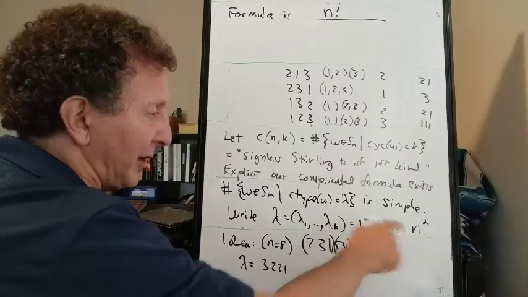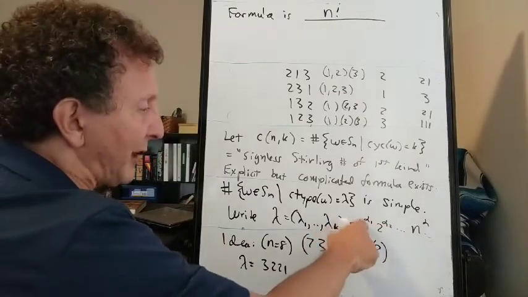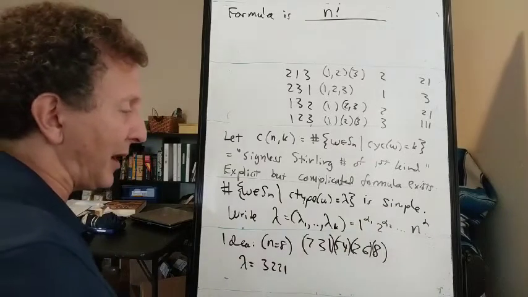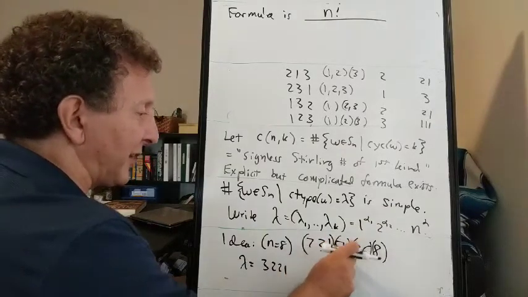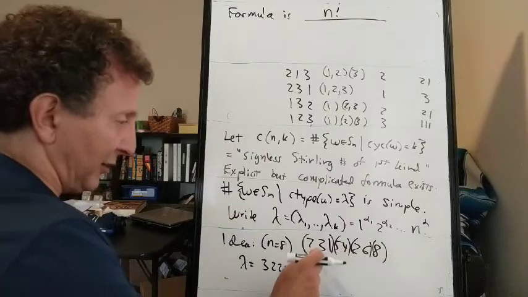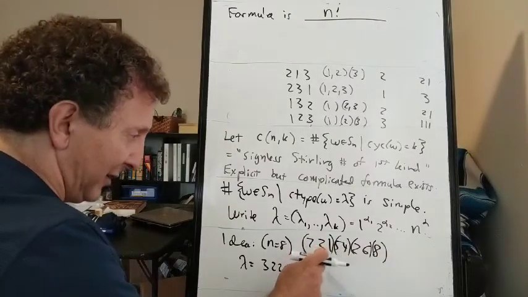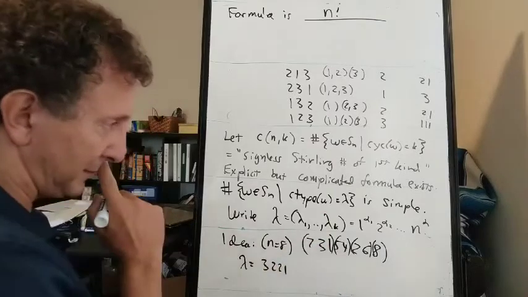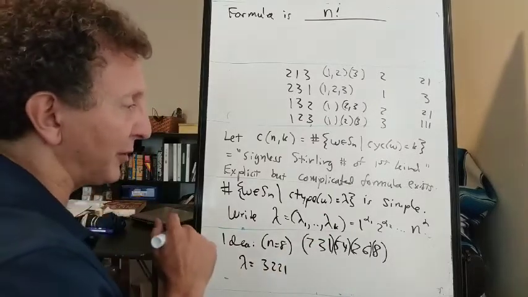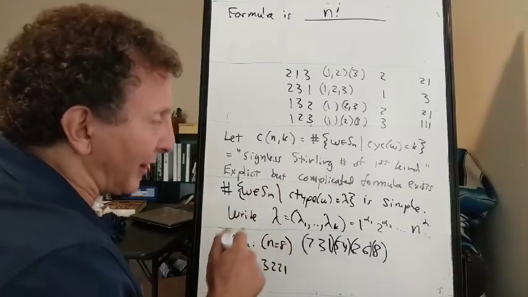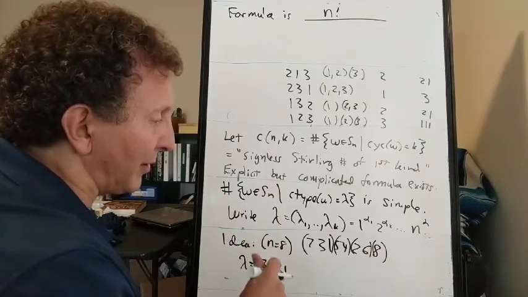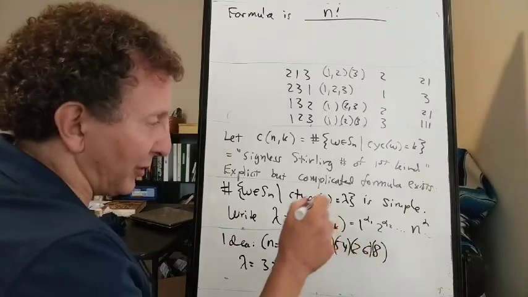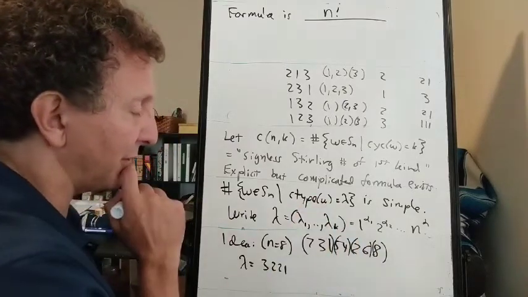This was multiset notation, but we can look at the number 1 to the alpha 1, 2 to the alpha 2, 3 to the alpha 3, because we want to divide by cycle size, cycle size, cycle size, because for every cycle of size p, there's p ways to write it. So if there's 3 cycles of size 4, we want to divide by 4 times 4 times 4, or in other words, 4 to the third.